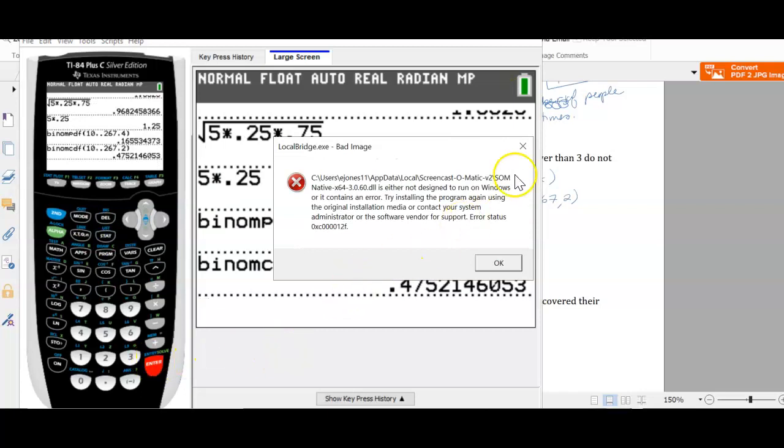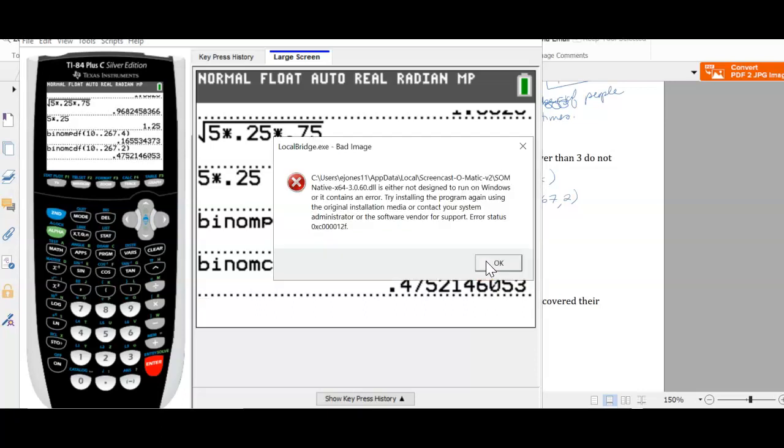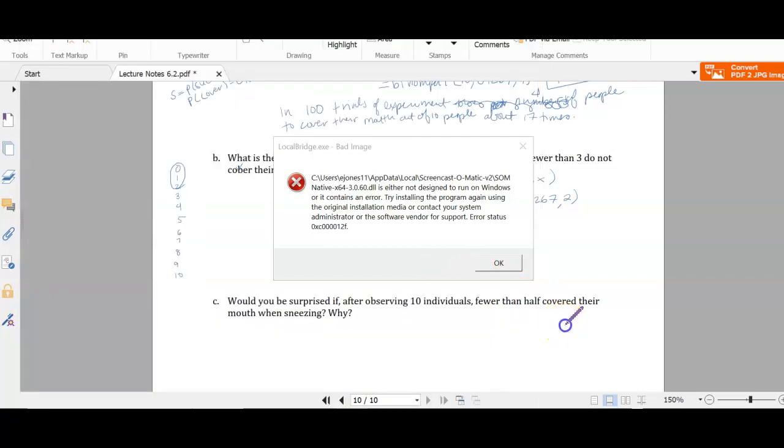And the answer, as you can see, and I'll probably restart this recording a little bit, is 0.4752. So we have 0.4572 for that answer.